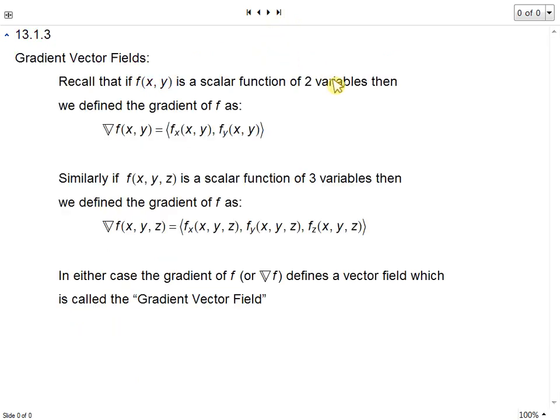All right, now, remember that when we first started talking about functions of two variables, we called this function a scalar function. And when we graphed them, they were surfaces, right? A scalar function of two variables is a surface.